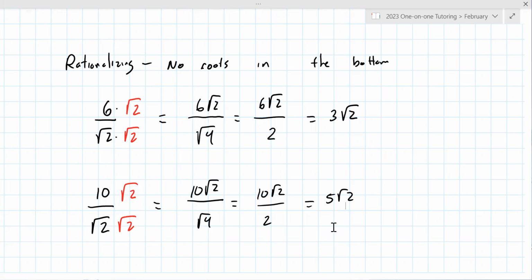Got it down. Okay, so you ready to try one on your own? Yeah.